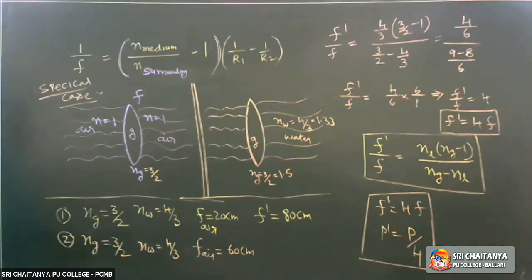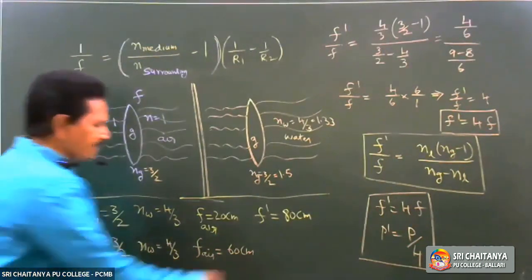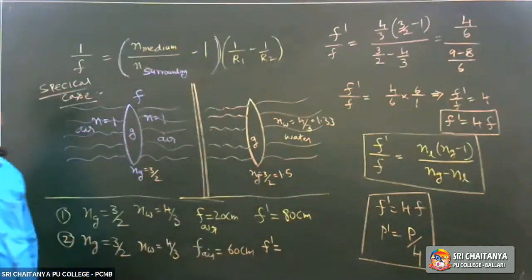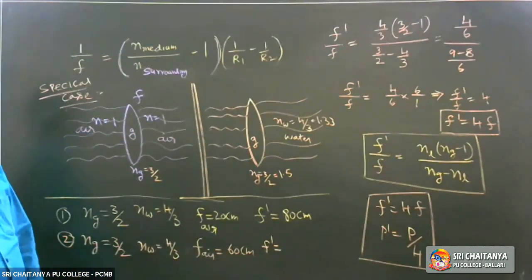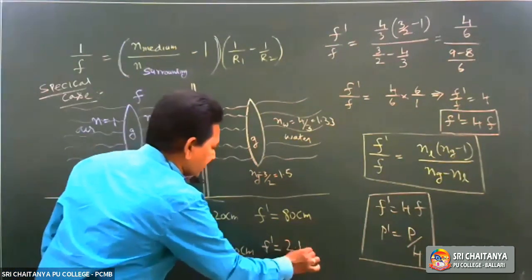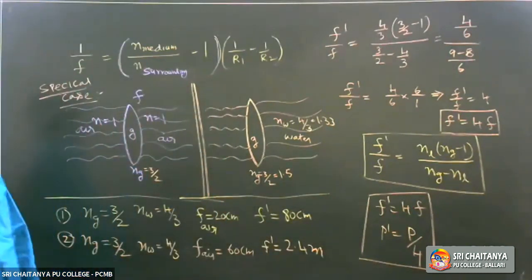Same concept: seeing these figures, the focal length increases by 4 times. So F dash is equal to 4 into 60, that is 240 centimeters, or 2.4 meters.